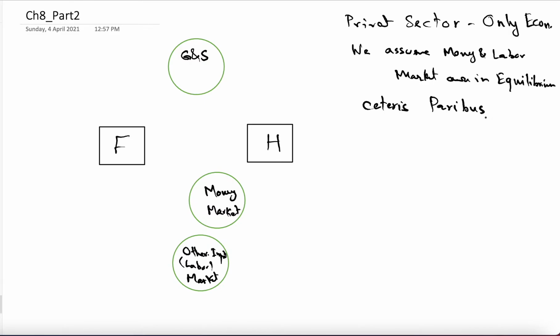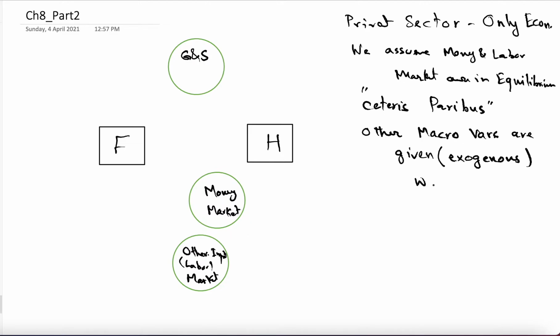Ceteris paribus means that all other macro variables are given. This given thing is also called exogenous, so it has already been determined from outside the model. The wage, the interest rate, the money demand, money supply, etc., are all fixed, constant.